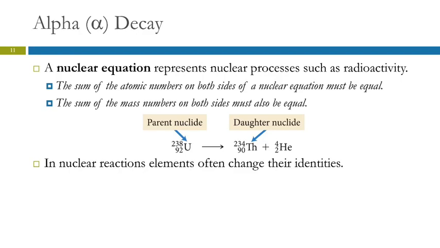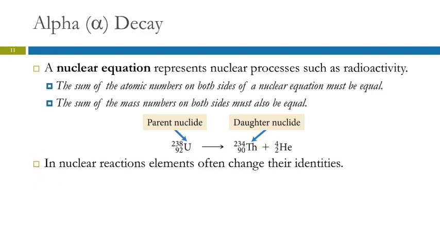So nuclear chemistry was the exception to a bunch of the laws that we had. So what we're conserving here is mass number and atomic number. The sum of the mass numbers on each side has to be equal, and the sum of the atomic numbers on each side has to be equal. So here we have 92 on the left. 90 plus 2 is 92 on the right. The mass number is 238, and over here we have 234 plus 4. So that's what we're looking at.